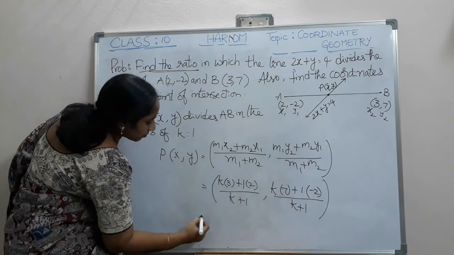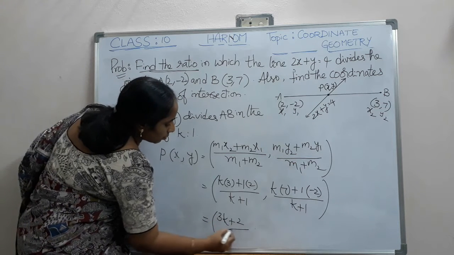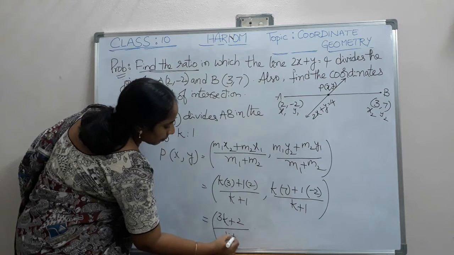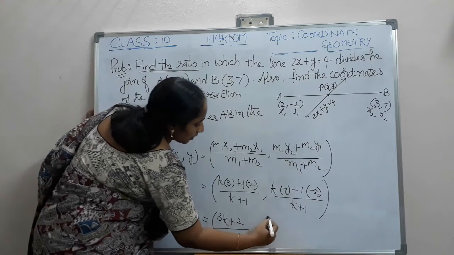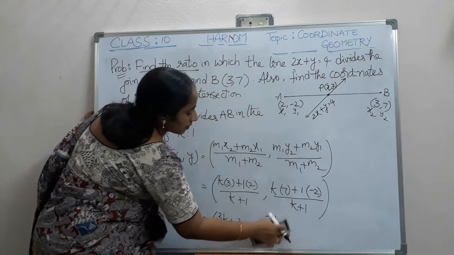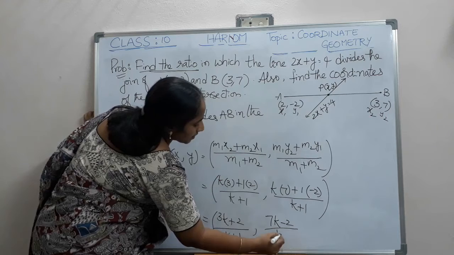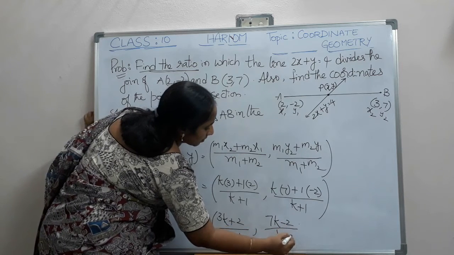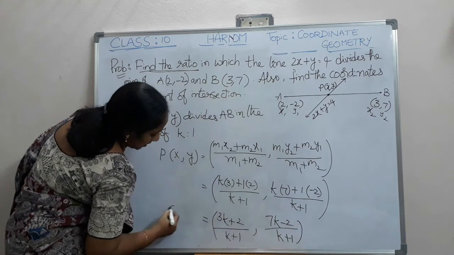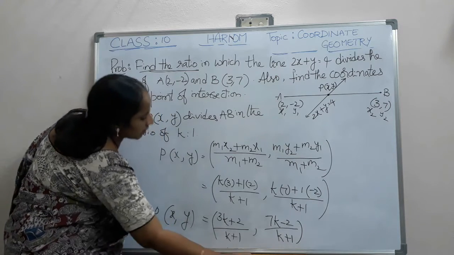This is (3k plus 2) by (k plus 1), (7k minus 2) by (k plus 1). It is x comma y, P of x comma y.